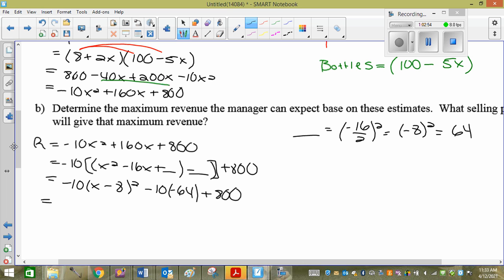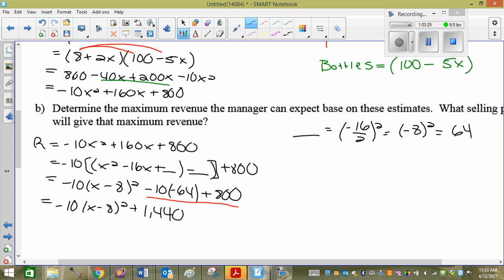Can someone tell me what this part simplifies to in their calculator? We get x minus 8 squared, and for the sake of time I'm going to fill in 1440.